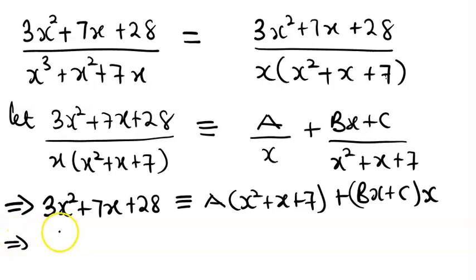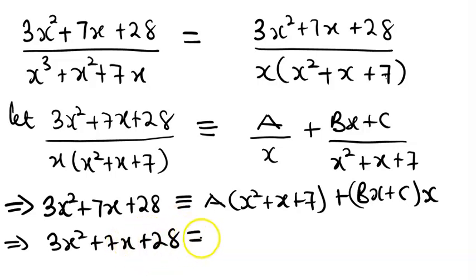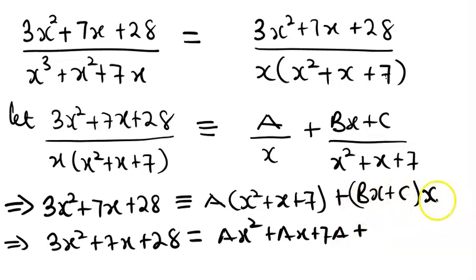Let's simplify the right-hand side. We want to expand it. We have 3x² + 7x + 28 equal to Ax² + Ax + 7A plus, x times this, Bx², and x times C, we have Cx.